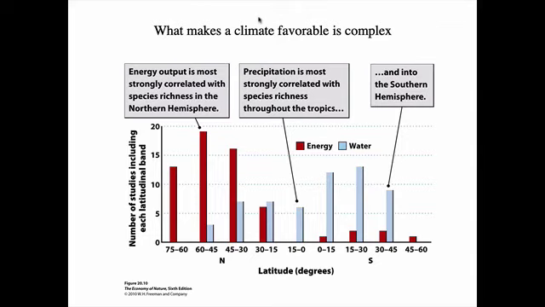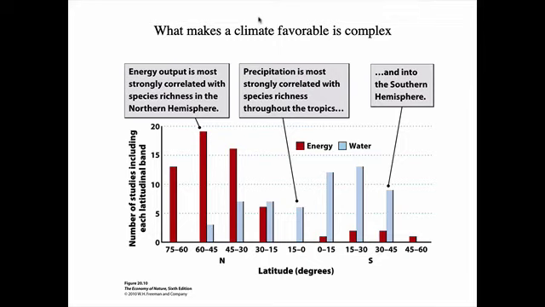So energy production by plants is more correlated with species richness in the northern hemisphere. Okay, and this is a function of light availability for photosynthesis. So that seems to be something that drives favorable environments in the north, where you have lots of terrestrial plants. In the south, it's actually water availability that is more related to species diversity.